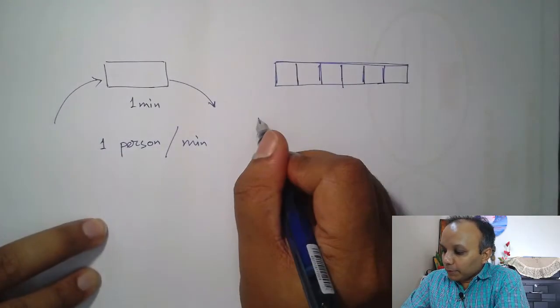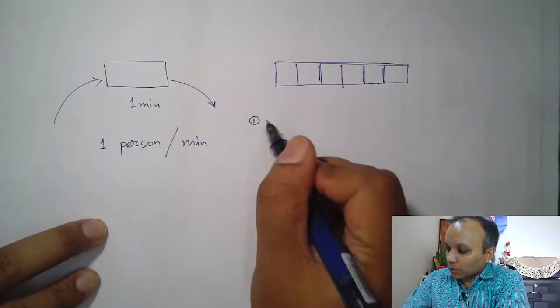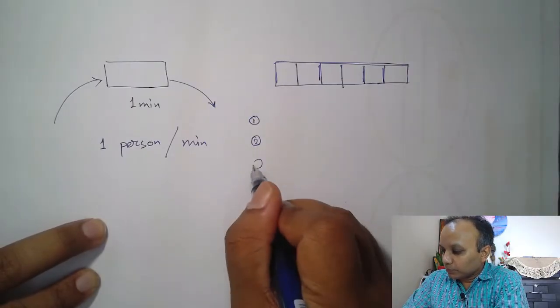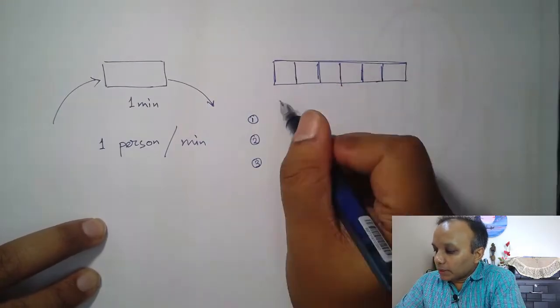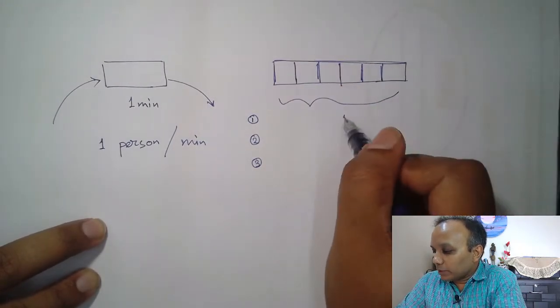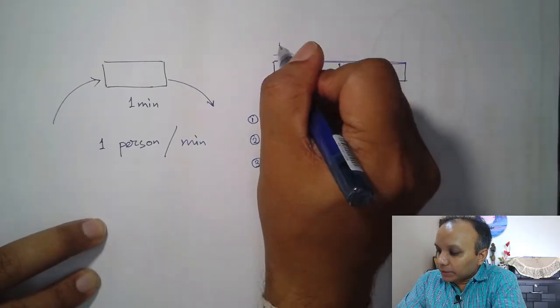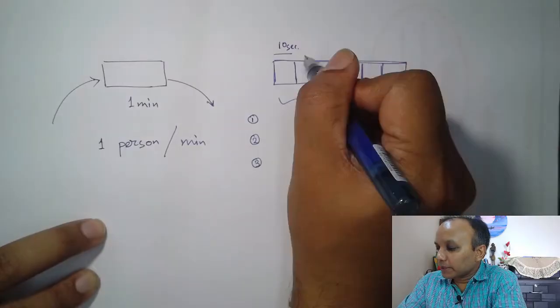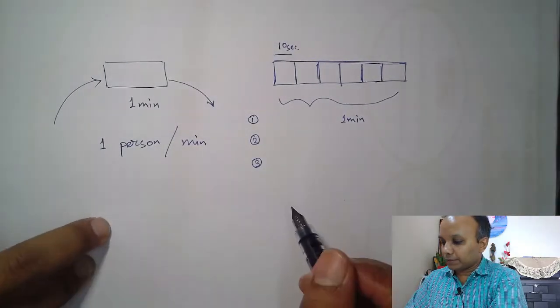Here let me denote these persons as 1, 2, 3. This is my queue. This whole task still takes 1 minute, but now each segment takes 10 seconds. So, 10 seconds, 10 seconds, 10 seconds, and that is how we get 60 seconds.